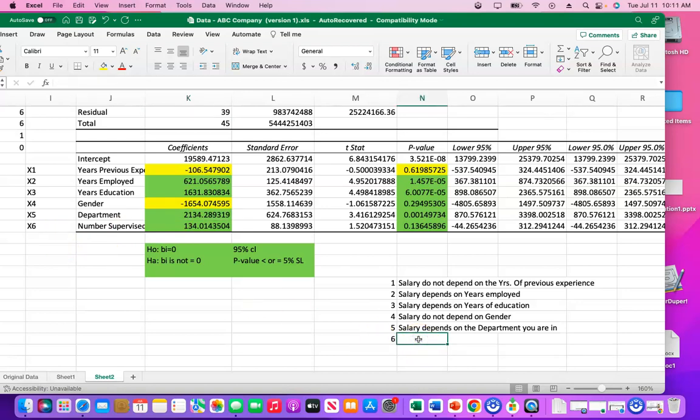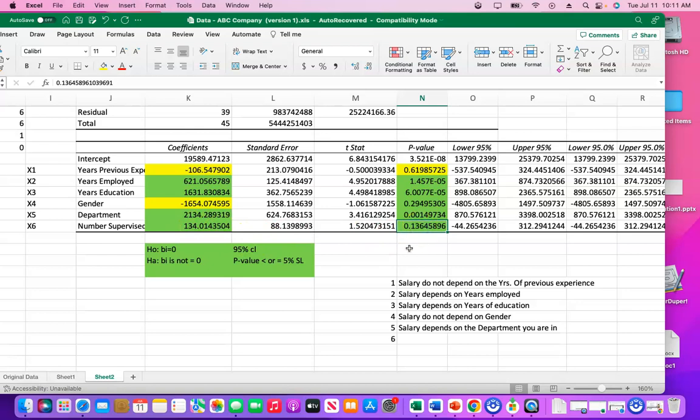Now let's go to X6. In this case, we're looking at the number supervised. And so the question is, is this slope significant? Meaning that if you have an additional person to supervise, and this is the amount which will be added to your salary, is that amount significant? We look at the probability value. We don't look at the values here.